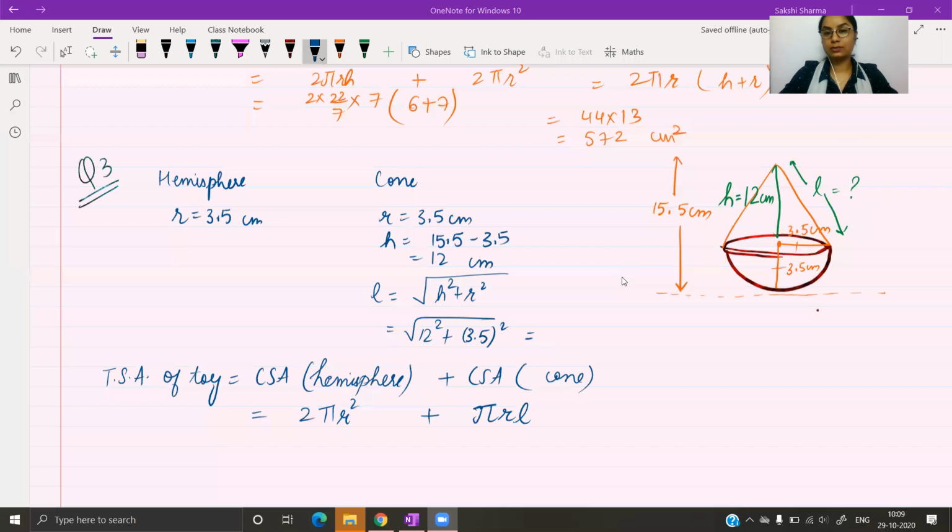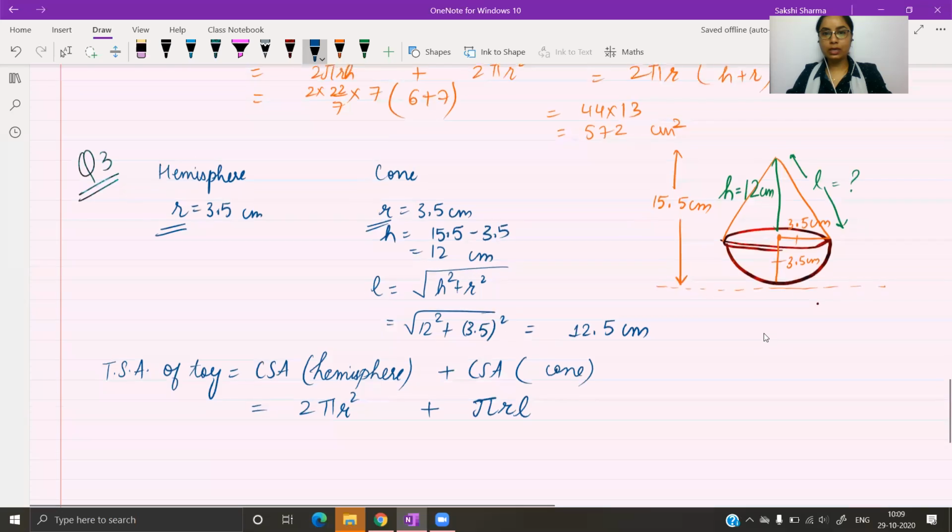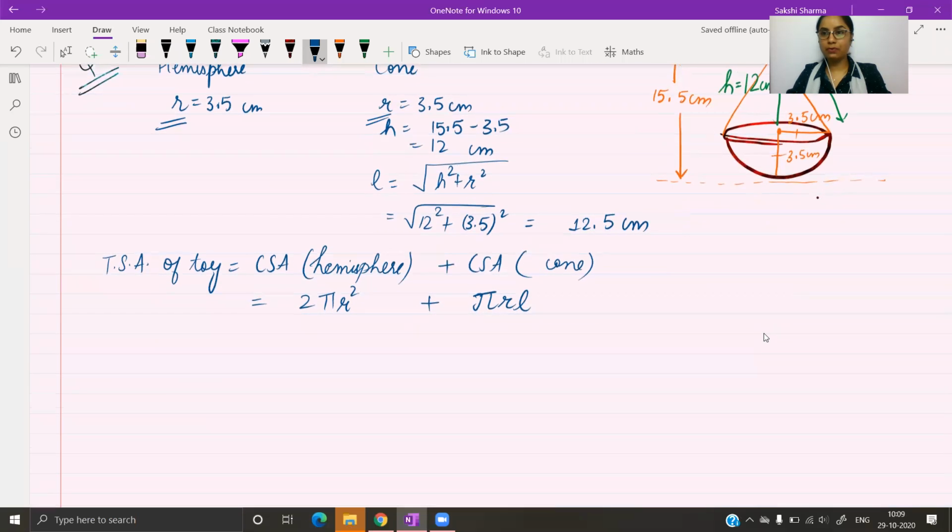(25 by 2). All right, so that will be 12.5. And once again, since the radius of hemisphere and the cone are same, I have represented them with the same variable. Like I'm reminding you again and again, where these change, we will take different variables. And because of this, I can do the simplification easily.